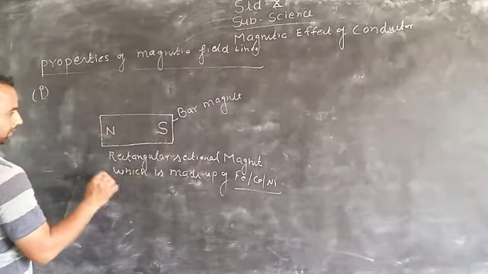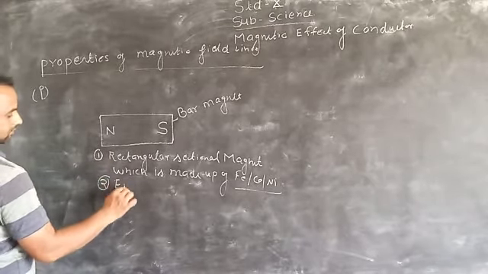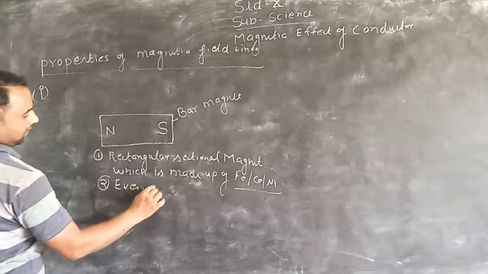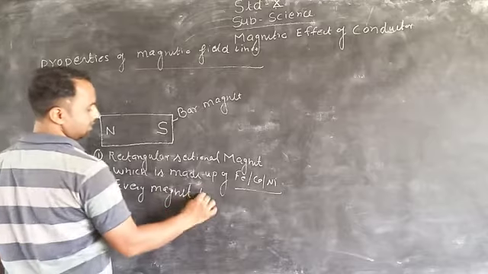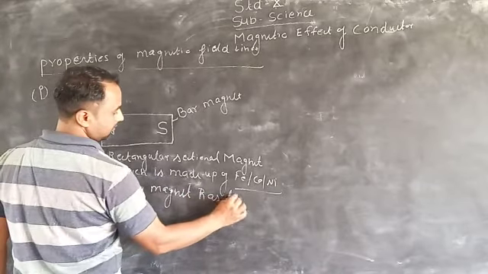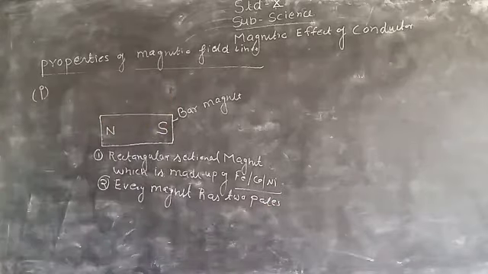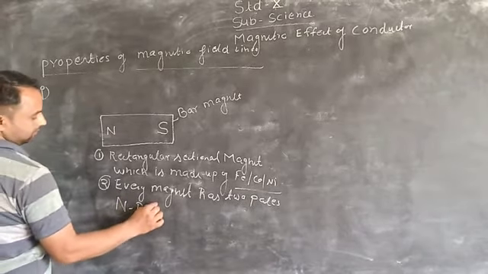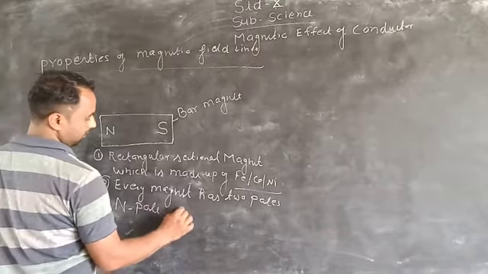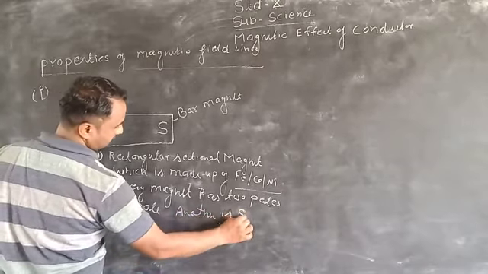Every magnet has two poles. First is the N pole and another is the S pole.